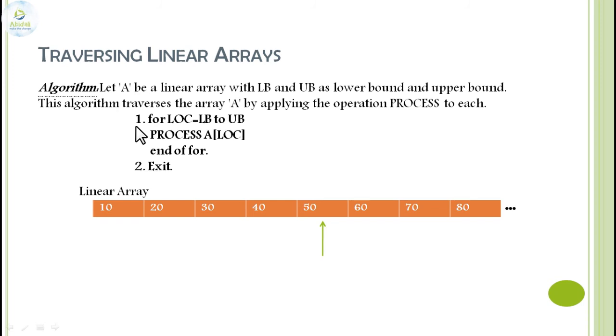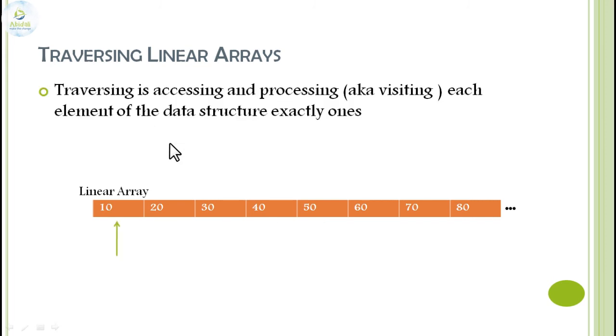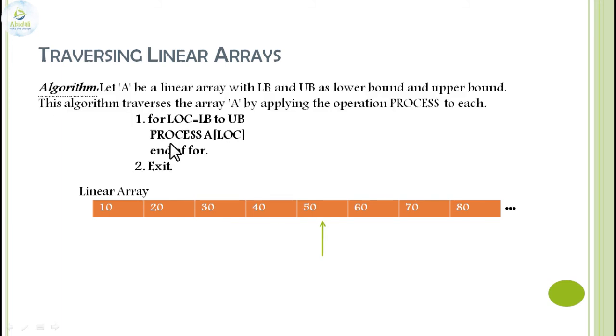Step number 1 is looping, because visiting requires moving from 0 to n minus 1, which we have seen in the diagram. We started from the first element stored at 0, then 1, 2, 3, and then we move to the next element. Like this we will be traveling.